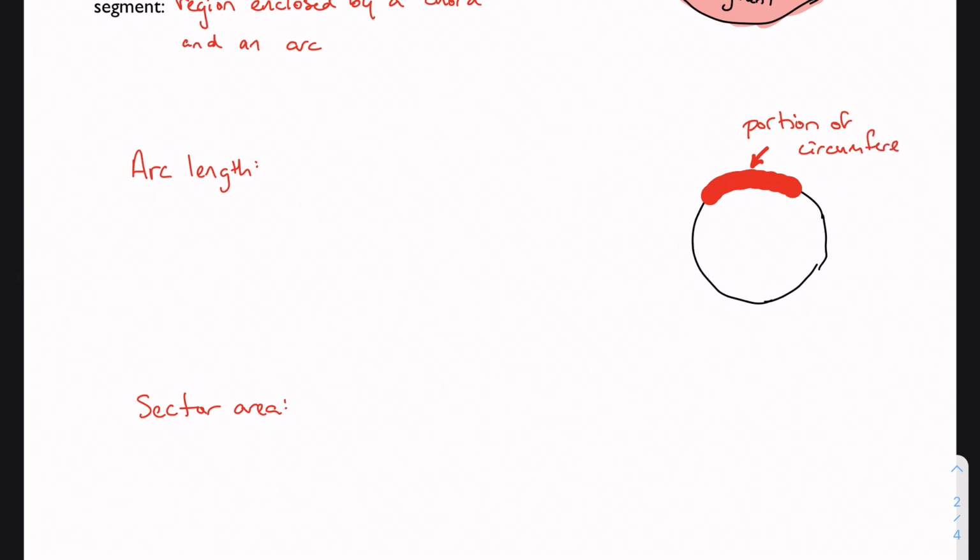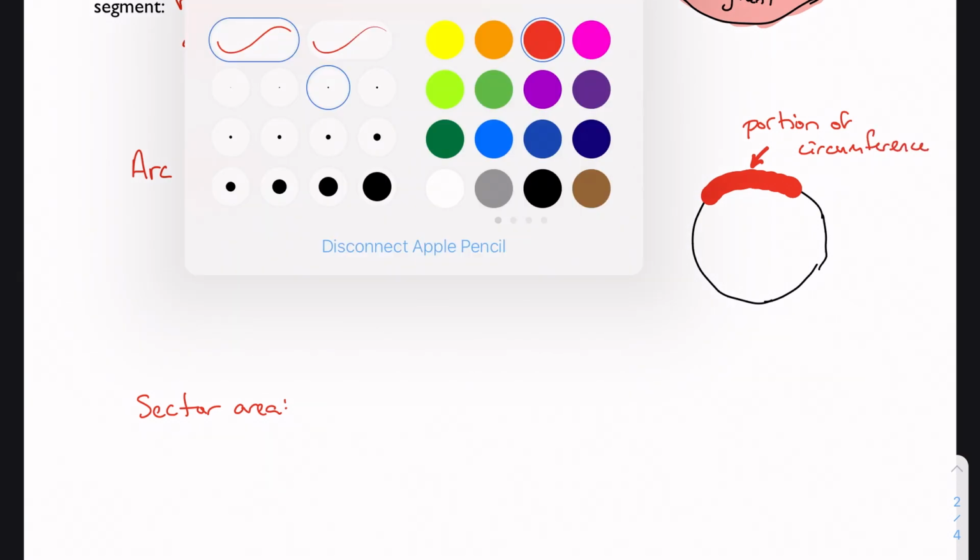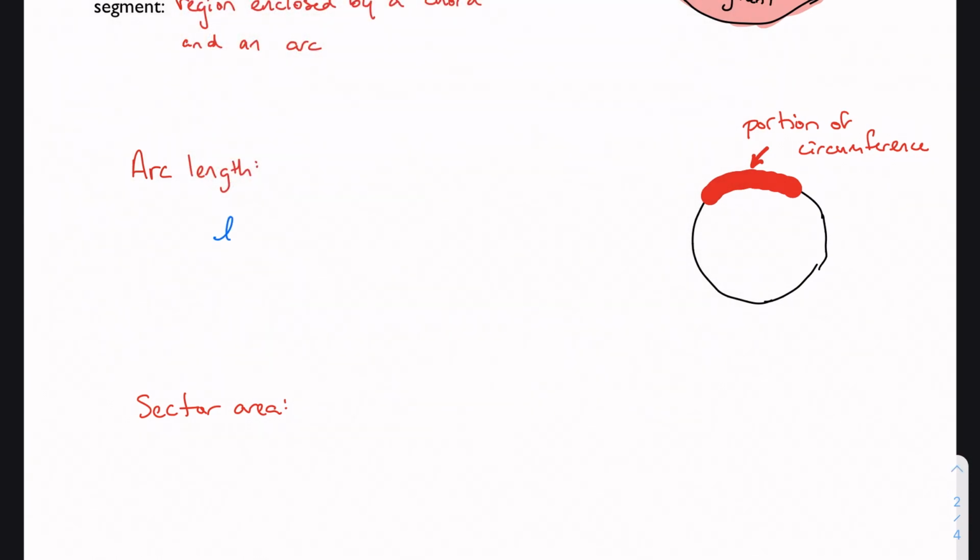So we can derive an arc length formula very much in the same way. So the length of an arc, this cursive L so it doesn't look like a 1, is some part of the circumference. Well, the circumference is 2 pi r, we know this. And how I'm going to figure out the portion of it is to take a portion of the 2 pi radians that the full circle encompasses.